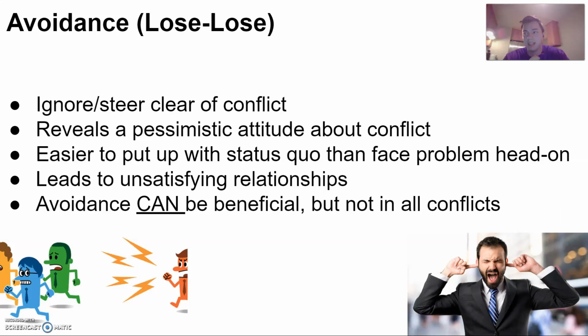It isn't necessarily something that you should be focusing your attention on. Over time, if you continue to ignore it, it'll continue to develop, it'll continue to build up, and then eventually put harm on your relationship. Not even just with your mother, but even with your significant other, even with coworkers, even with your best friends too. The avoidance style of conflict is definitely the one that you want to steer clear of.